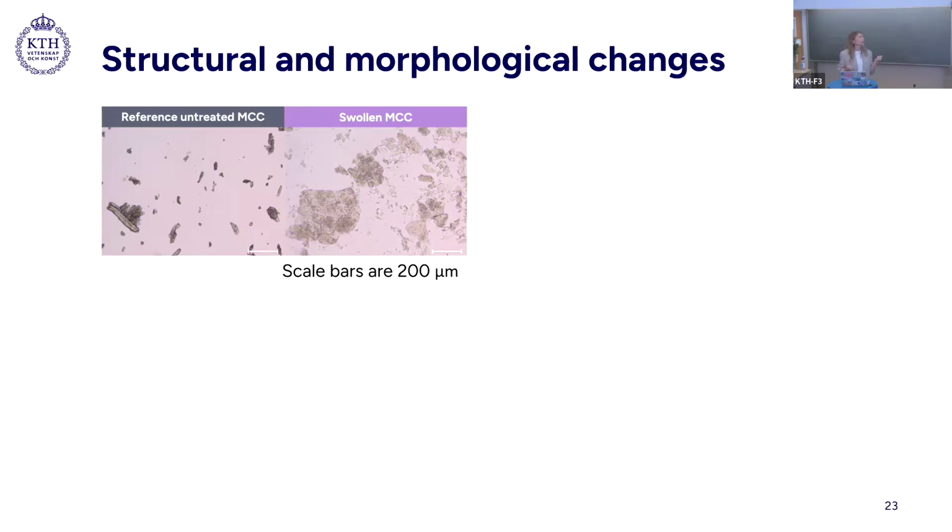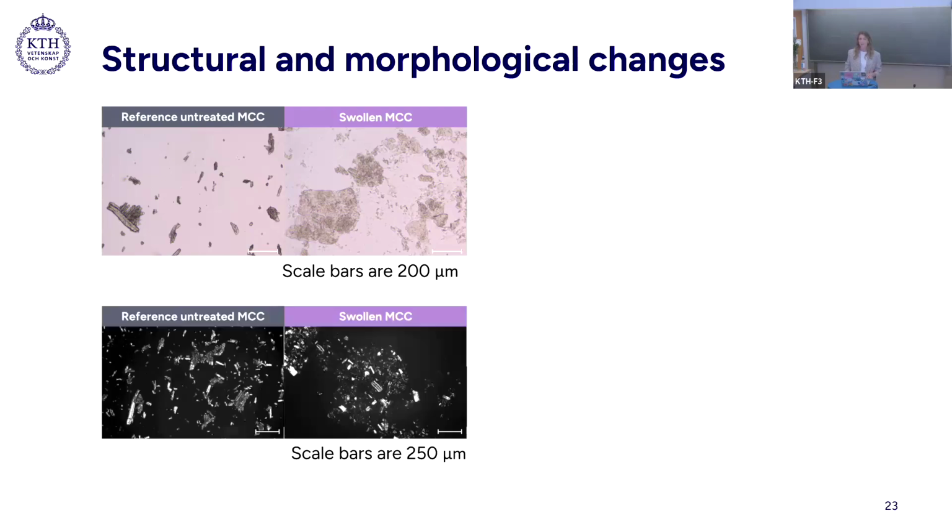But what happens when we precipitate it after the swelling is that it becomes like a disordered mass, or at least that's how it looks in optical microscopy. But when we look at it in cross-polarized microscopy, we can see that there is still some birefringence. That's the white part of the material, showing that there is still some crystallinity left in the sample.